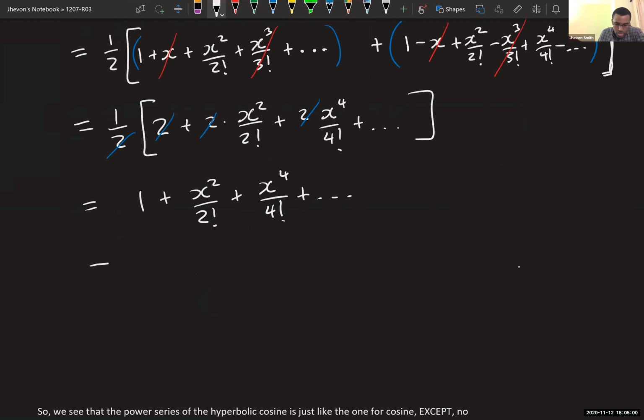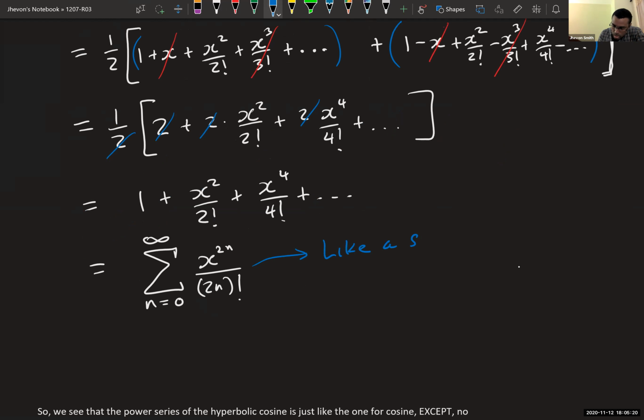And what you'll notice is that you can actually write this as a series in this way. It's actually x to the 2n over 2n factorial. It's like a cosine, but with no alternating signs.